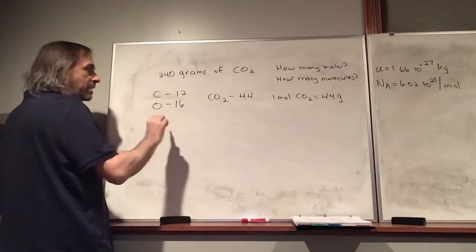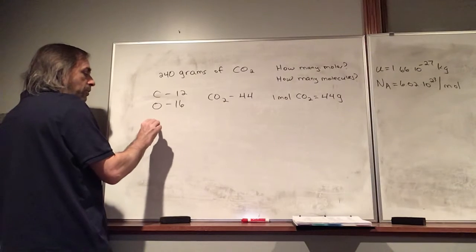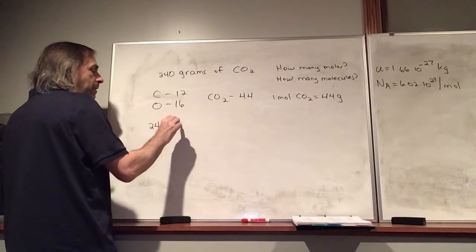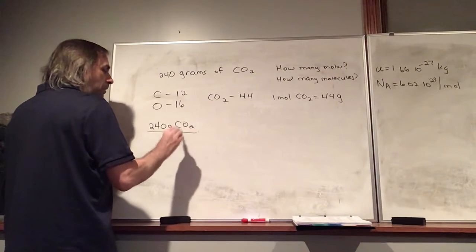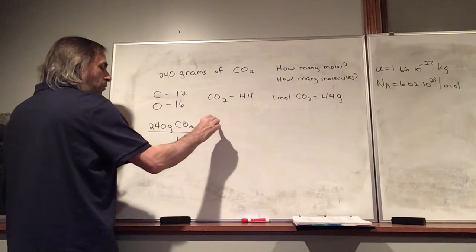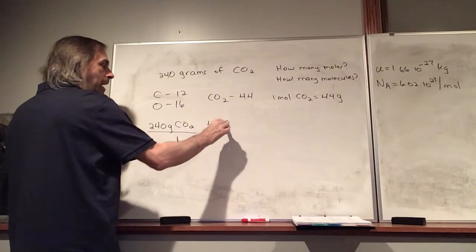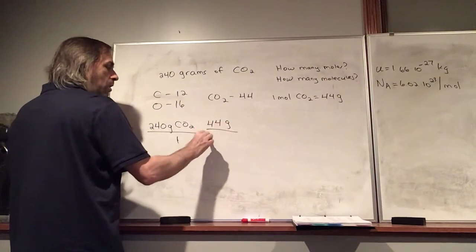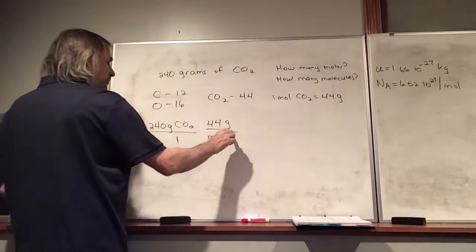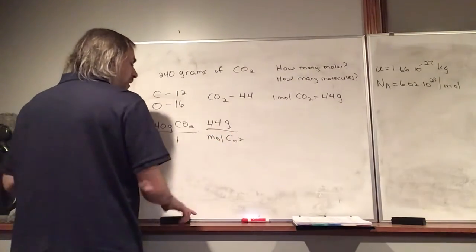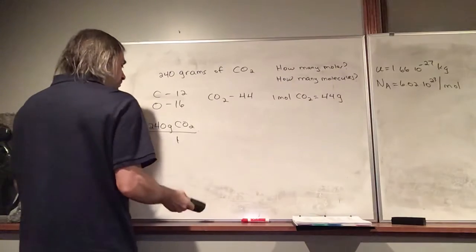So we can use this conversion factor. We have 240 grams of CO2, and then we can say 44 grams per mole of CO2. And I realize I just did this backwards.